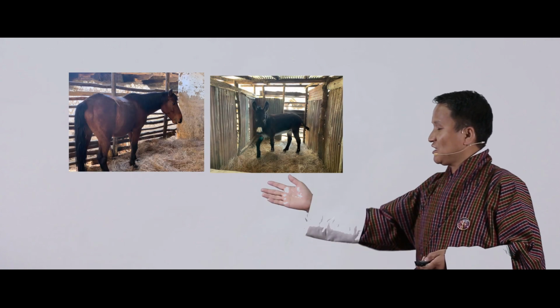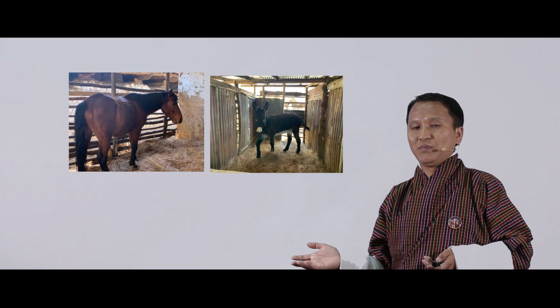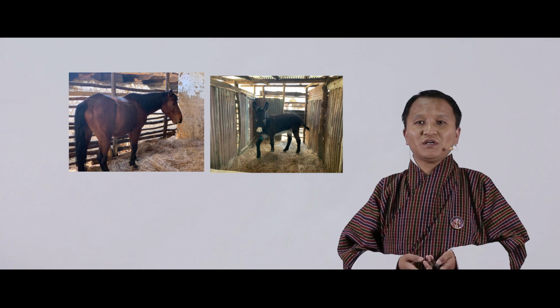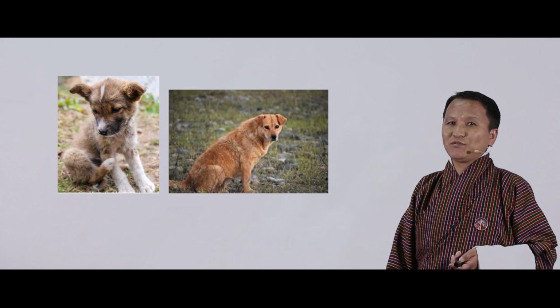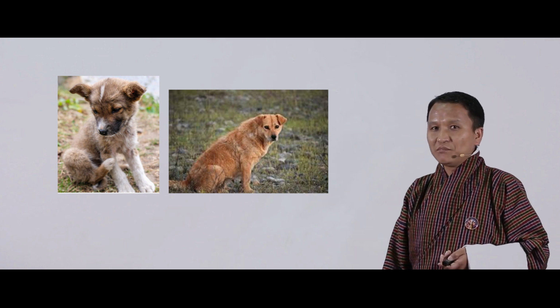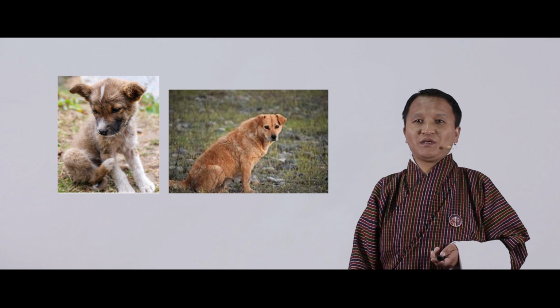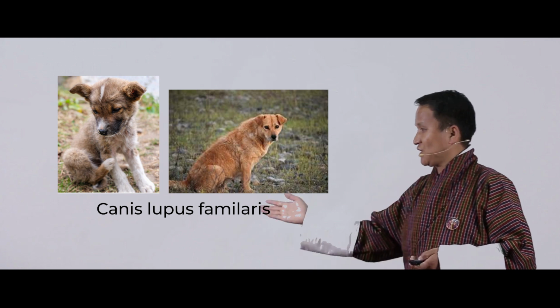And now if you look at these two animals, the horse, they look different, but do they belong to different species? They belong to the same species. Then you have the two dogs here. What about these two dogs? Are they same? No. Then do they belong to the same species? Yes, they belong to the same species as reflected here.